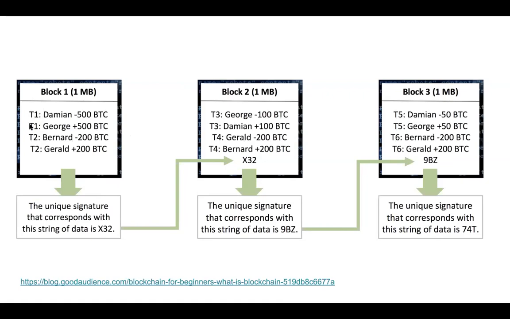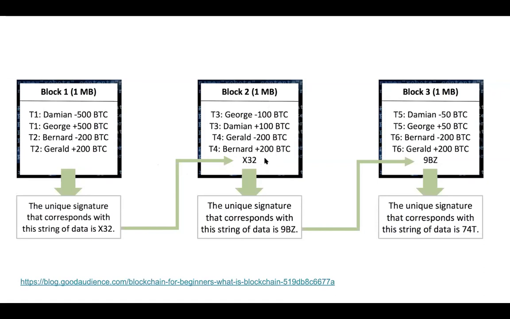And so we have two transactions here, one between Damien and George, and the other between Bernard and Gerald. And all of those get collected in a block. We're all pretty familiar with this so far. Then the entire block gets hashed, and that gets included in the next one. And then a new set of transactions will be included in the next block, along with the hash of the previous block.